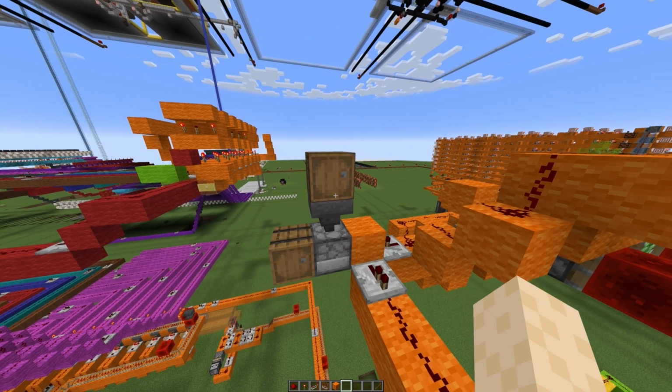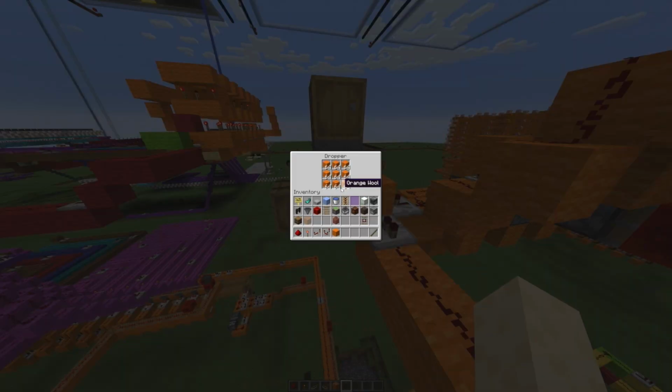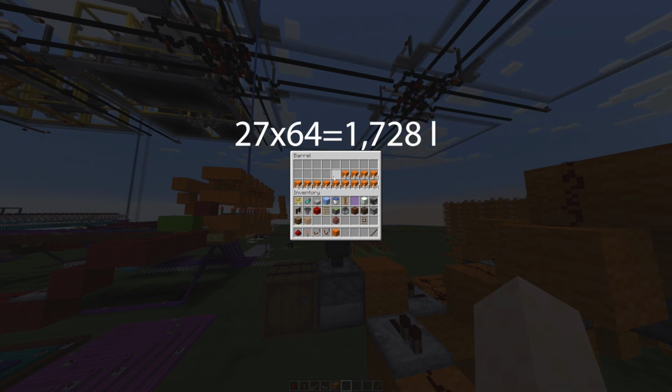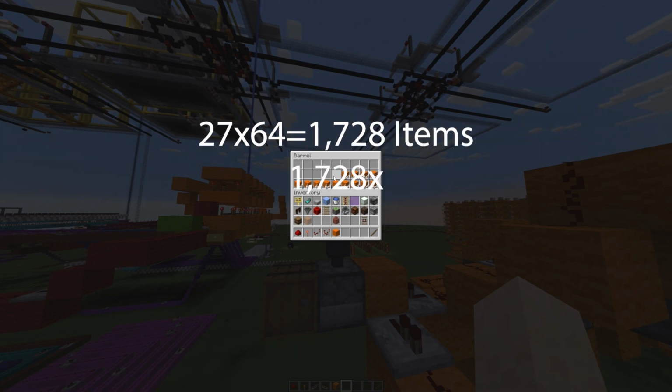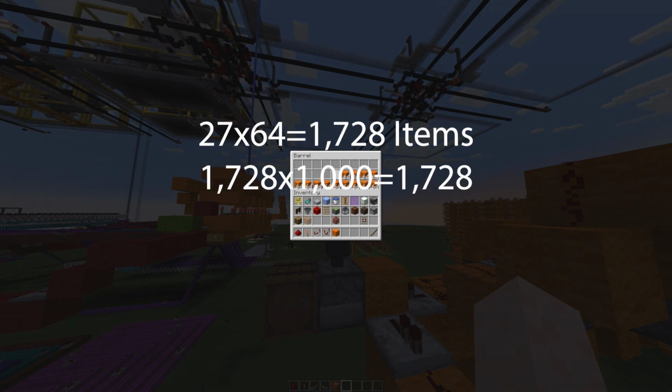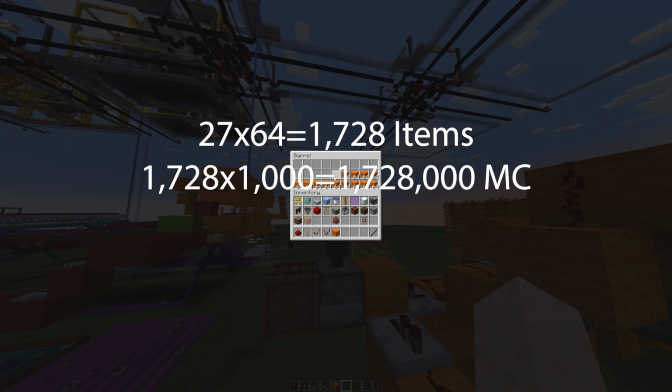The reason why is because if each one of these is 1,000 Minecraft days, which equals 13.88 days in real life, that means that since there are 27 item slots in this barrel times 64 items in each stack, that gives 1,728 items. Now, if you times that by 1,000 Minecraft days, that gives you 1,728,000 Minecraft days.